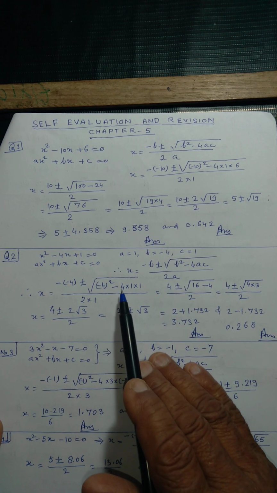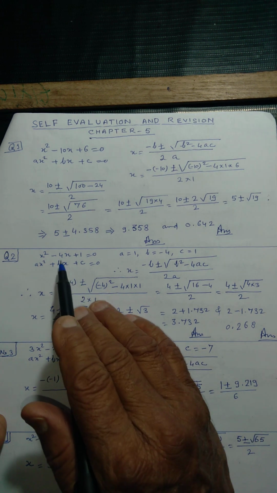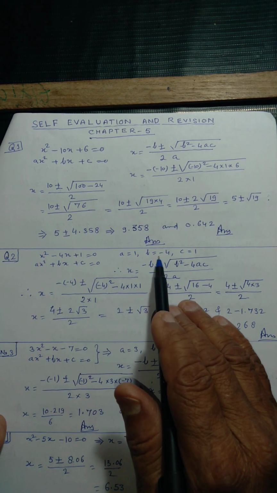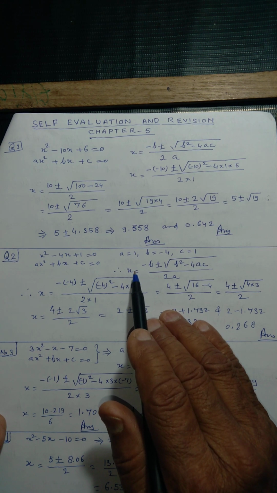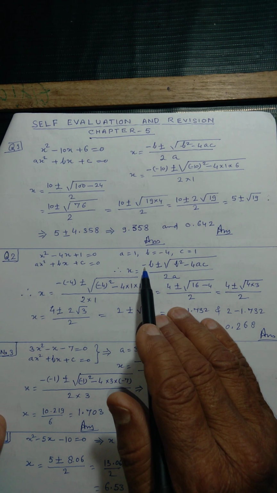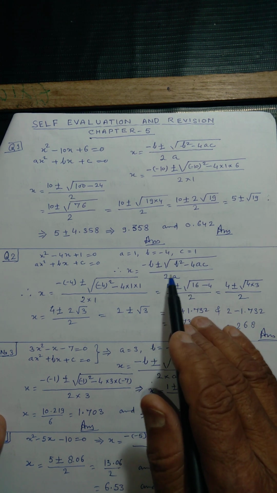Now question number 2. Solve using the quadratic formula x square minus 4x plus 1 equal to 0. Here a is equal to 1, b is equal to minus 4, c is equal to 1. Now substitute the values accordingly. x will be equal to minus b plus minus root b square minus 4ac whole divided by 2a.